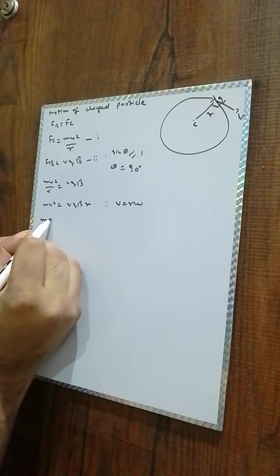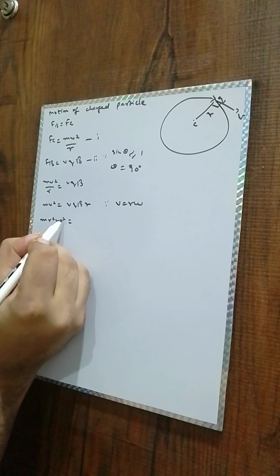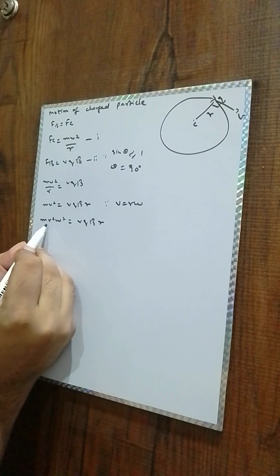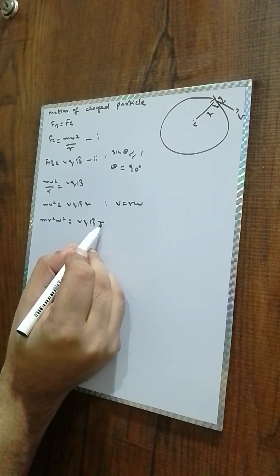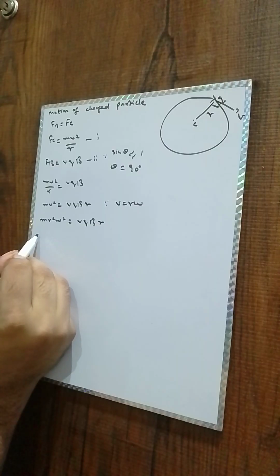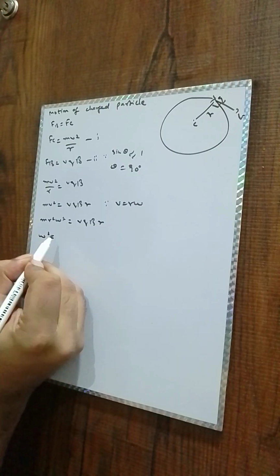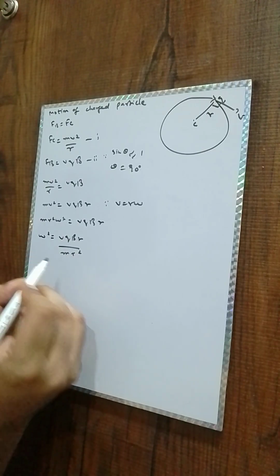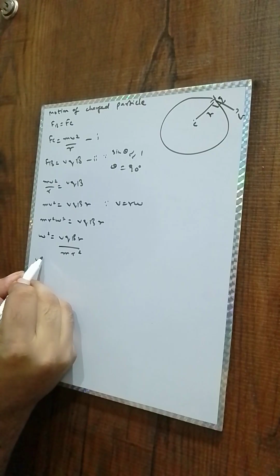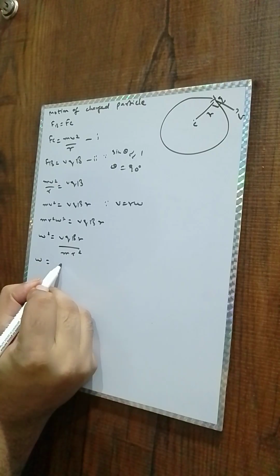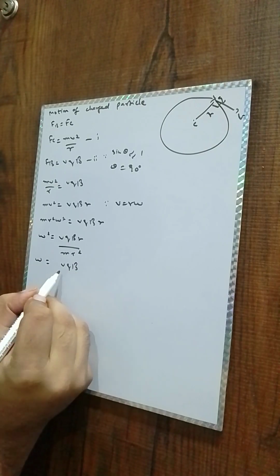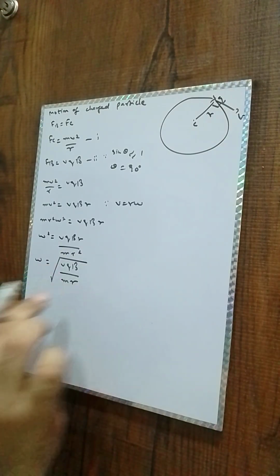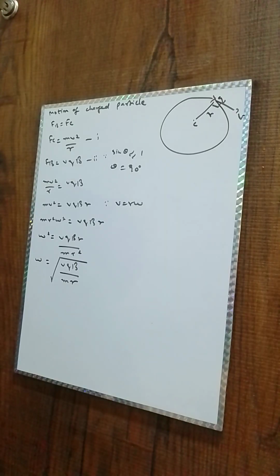So m r squared omega squared is equal to vqBr. R reduces in degree because we have another r on the other side of the equation. So omega squared becomes vqBr by m r squared, and omega becomes the root of vqB by mr. Yes, so this is interesting.